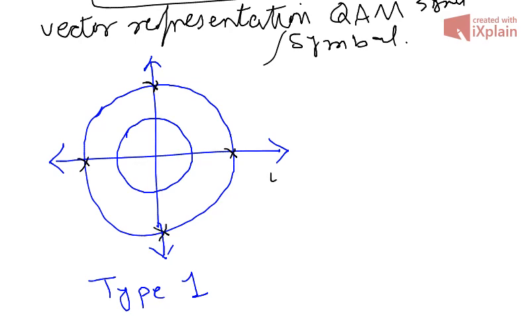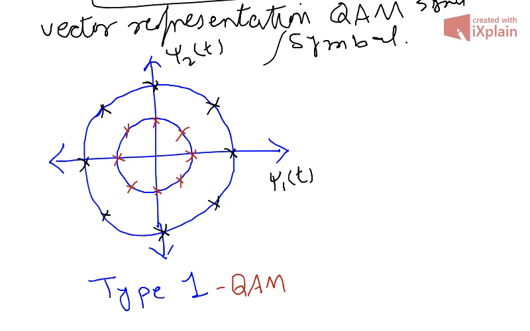Keep in mind, this is psi 1 of t and this one is psi 2 of t. You have 8 signal points on the outer circle, and similarly 8 signal points on the inner circle. This constellation was used for transmission in the 1960s, which was known as the type 1 QAM constellation.